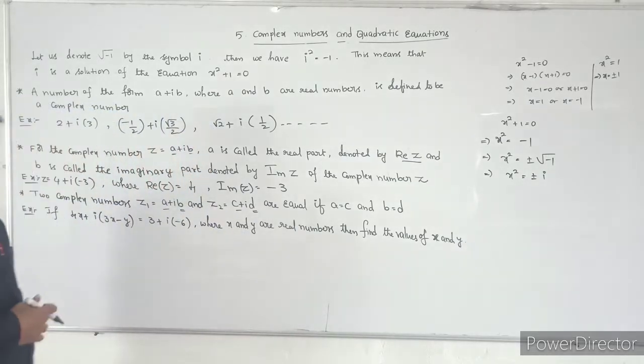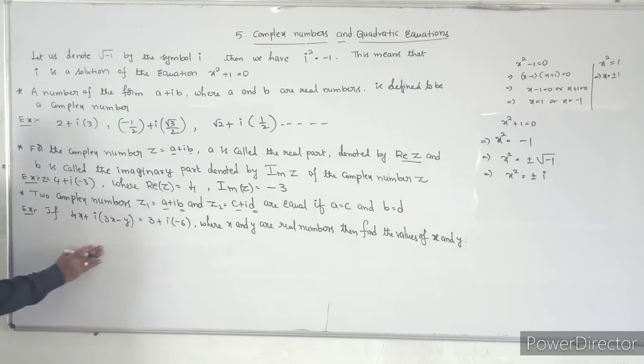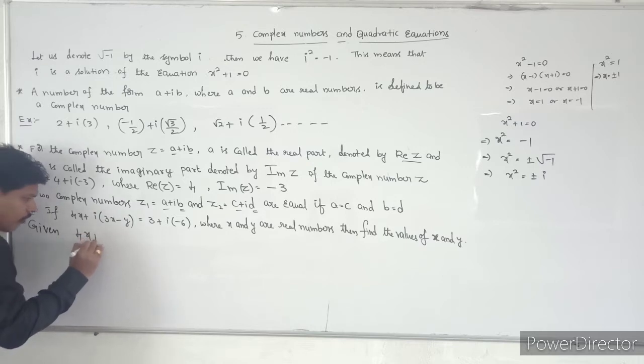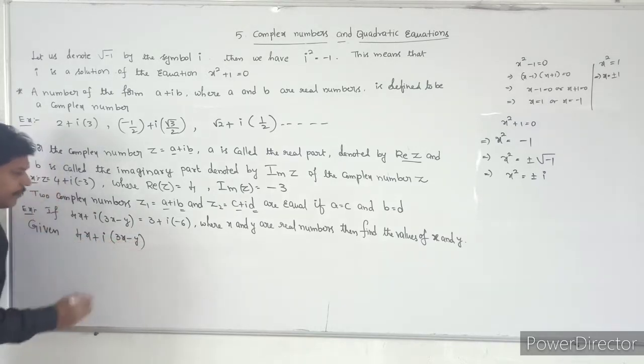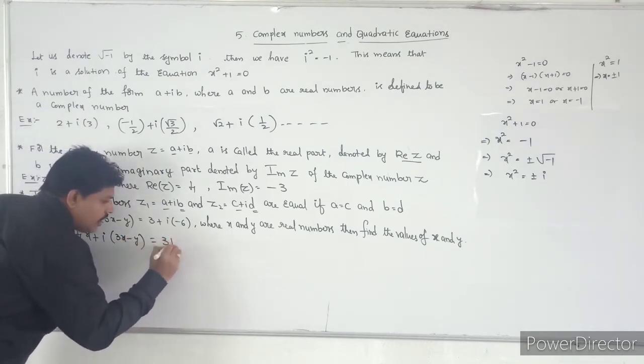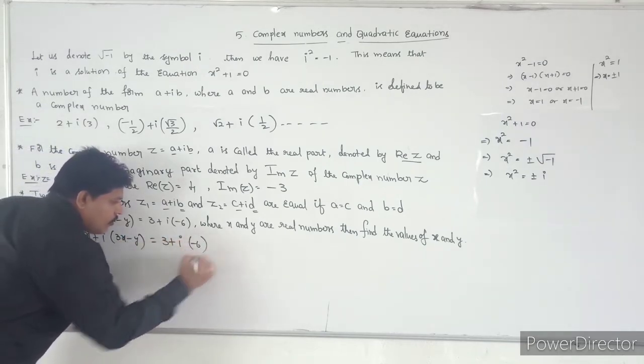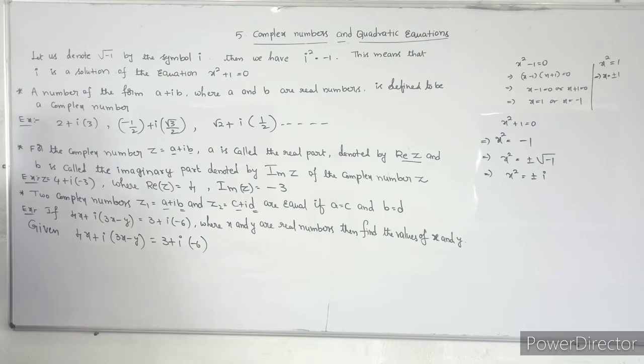They are asking you to calculate the values of x and y. So first see, students, what is given: 4x plus i into 3x minus y is equal to 3 plus i into minus 6.